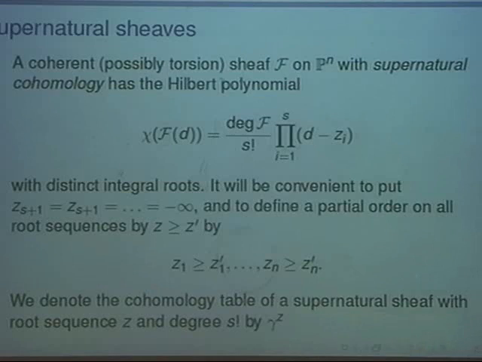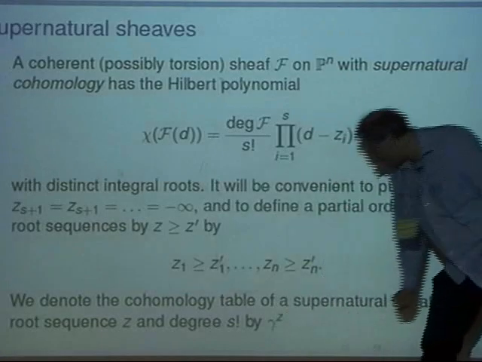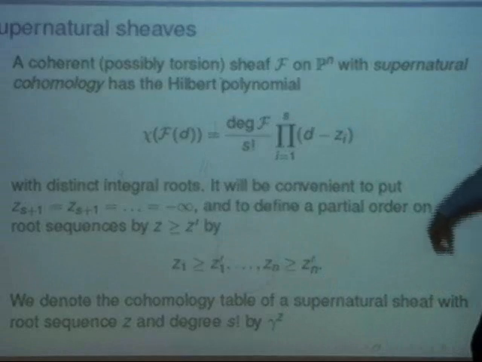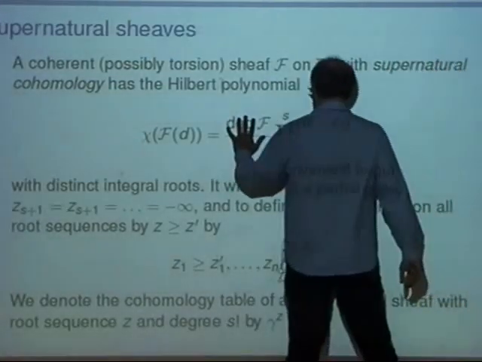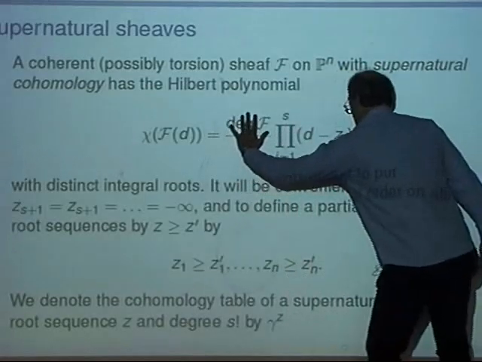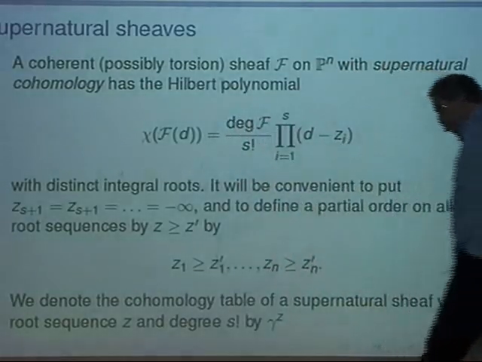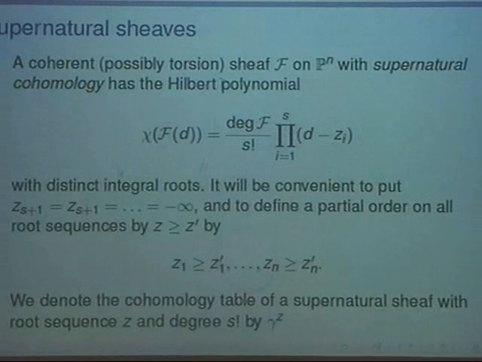Having done this, we can compare root sequences, and there we have a partial order. And I would like to denote by gamma_z, for a root sequence z, the cohomology table which corresponds to the sheaf with this Hilbert function. So I take the degree of F to be s factorial.